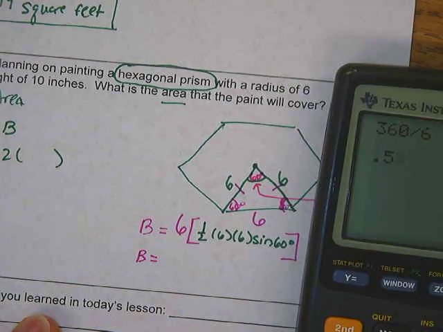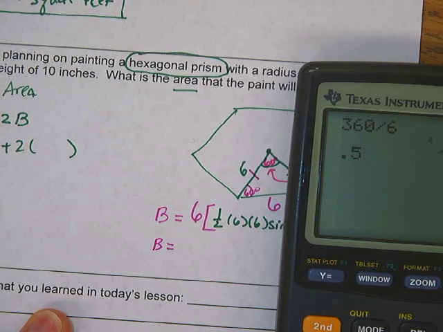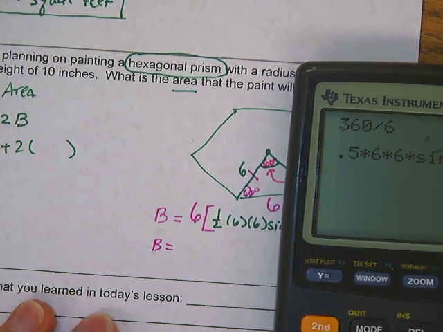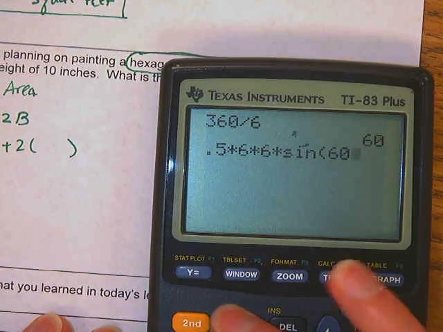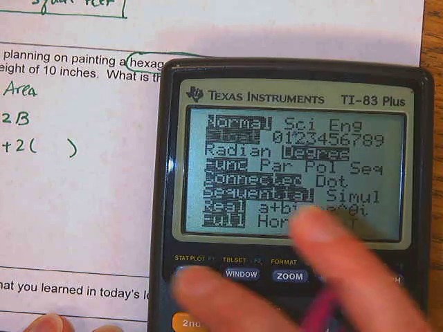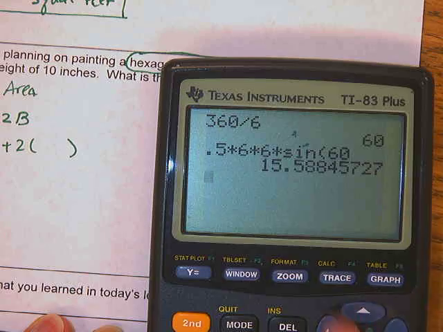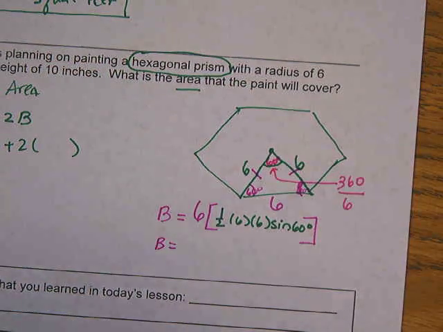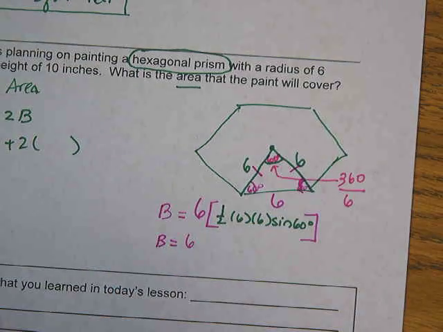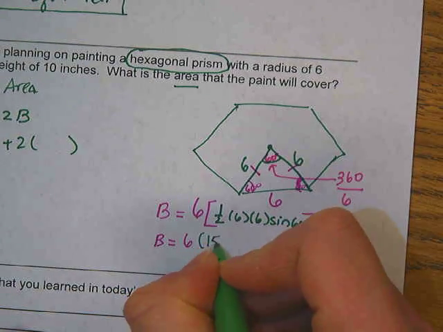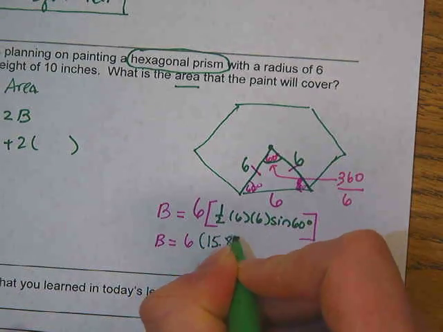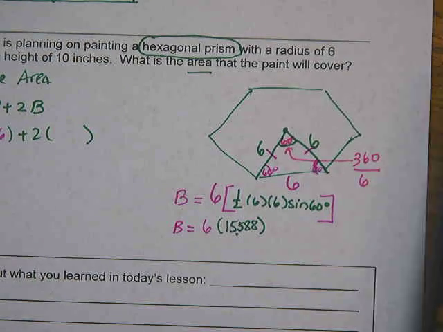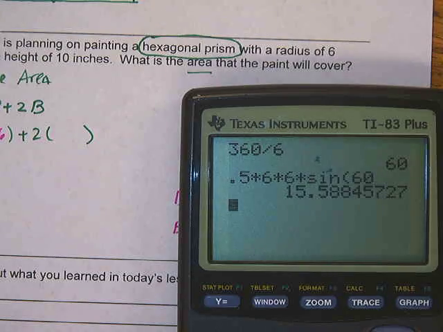So I'm going to have 1/2 times 6 times 6 times sine of 60. Okay, so I'm going to type that in. Well, 1/2 is 0.5. 0.5 times 6 times 6 times sine of 60. And who knows who used your calculator last? So check your mode to make sure it's in degrees. Enter, and I get 15.88.